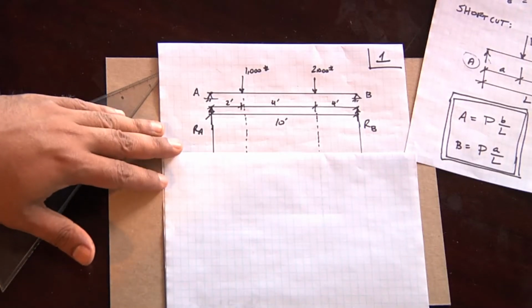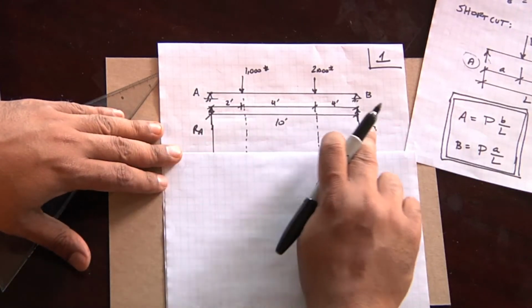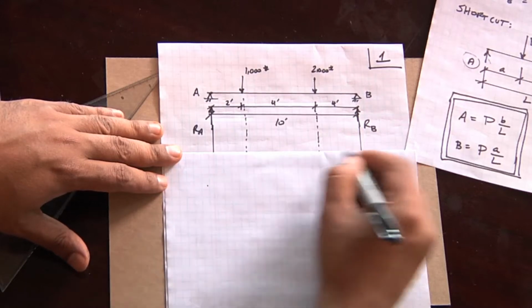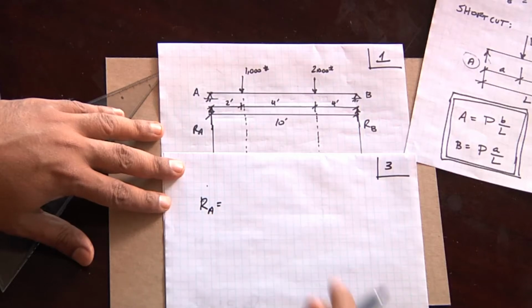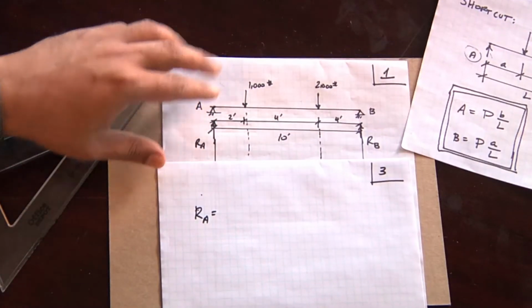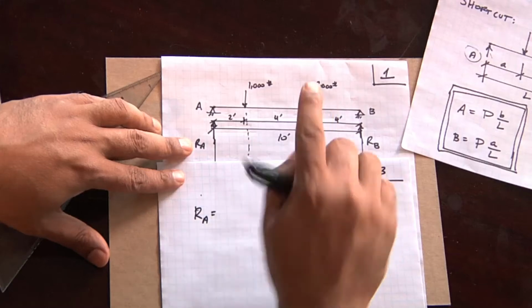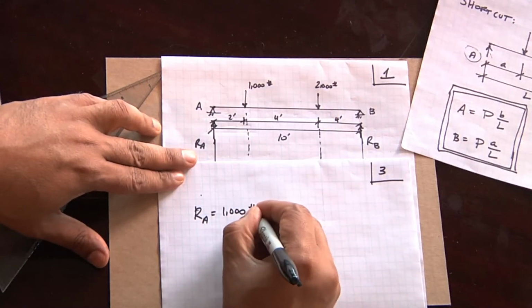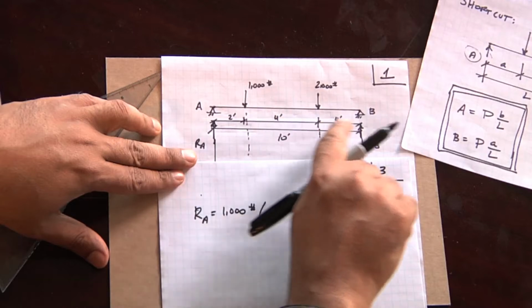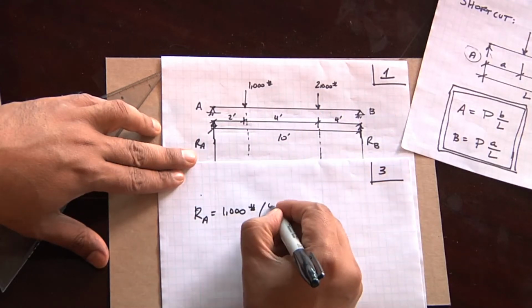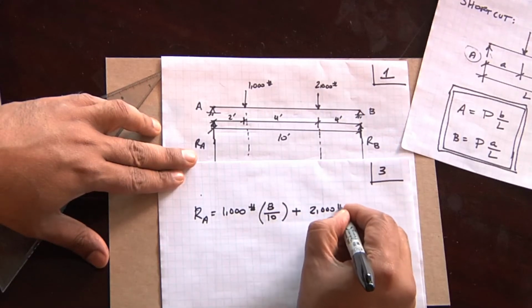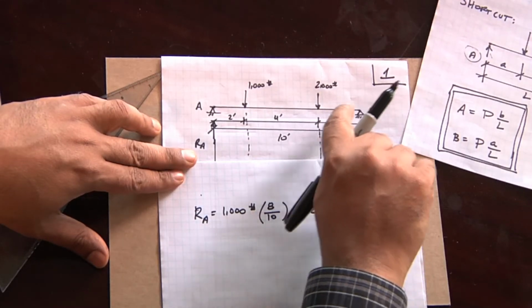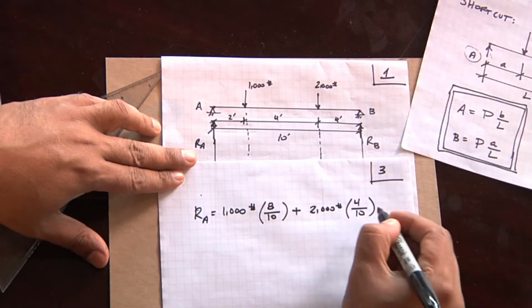So if we go back and try to use the shortcut approach, here's our reaction A, here's our reaction B. So let's do this again, and this will be page 3. Our reaction A would equal the proportional contribution of the 1,000 pounds plus the 2,000 pounds. So it's 1,000 pounds times the distance to the right support, which is 8 over 10, plus 2,000 times the distance to the right support, which is 4 over 10.